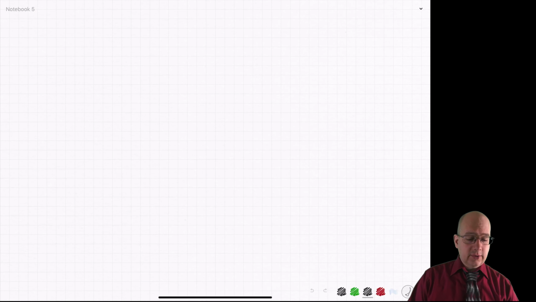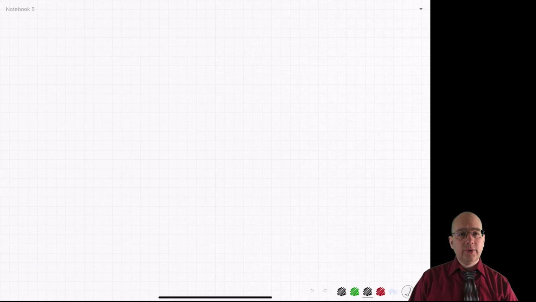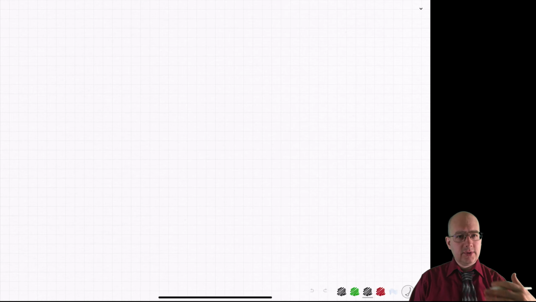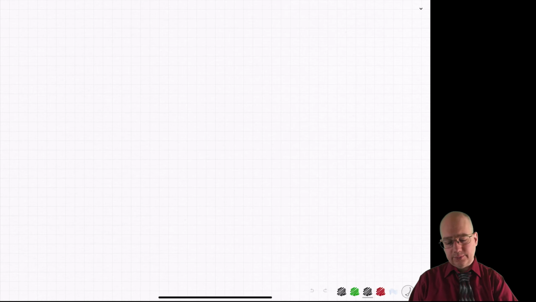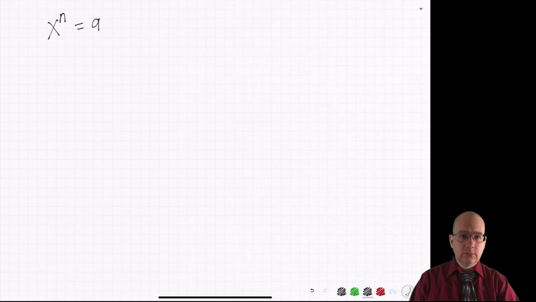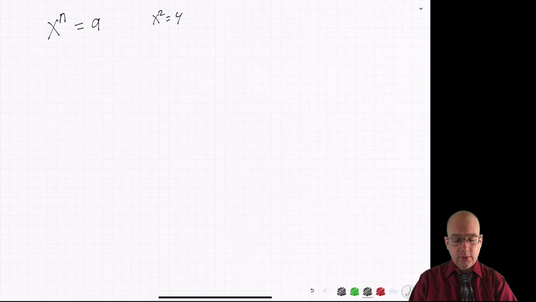Now we come to finally the complex and real numbers. I'll do them in more detail separately, but just to give you the sense of what we're trying to do here. So now we want to solve x to the n equals a. A couple of examples: x squared equals 9. And that's x equals 3, because 3 times 3 equals 9.